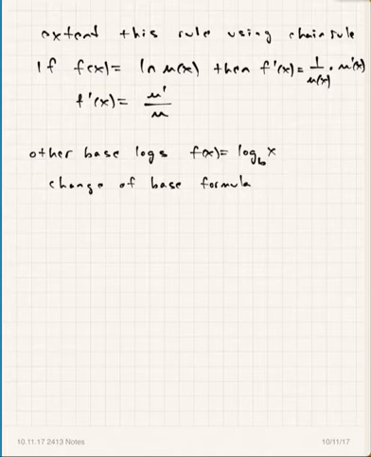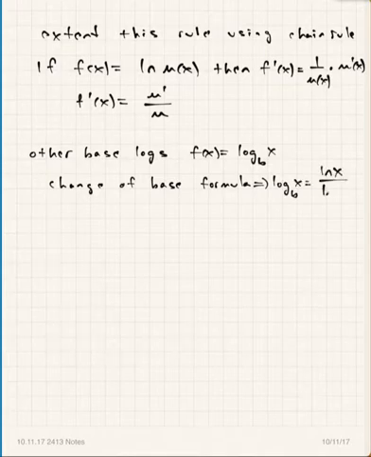But to remind you, the change of base formula goes like this: logarithm base b of x is equal to the natural log of x divided by the natural log of b. That's a specific version of the change of base formula, and it's a way of taking a base b logarithm and changing it to a base e logarithm, a natural log.